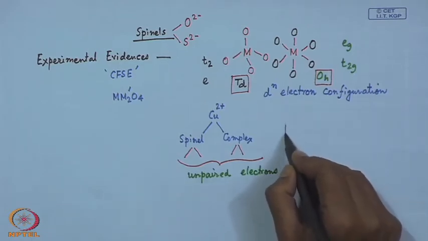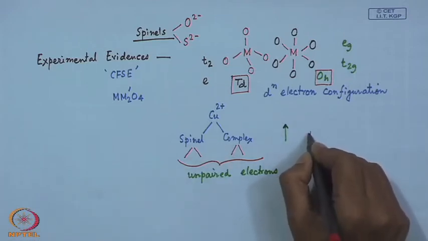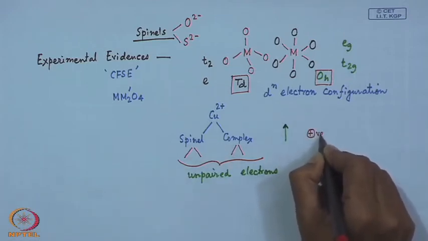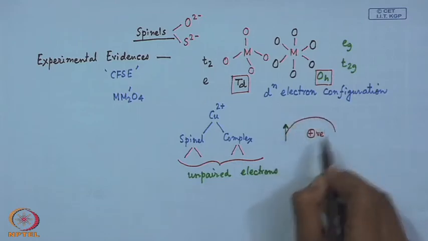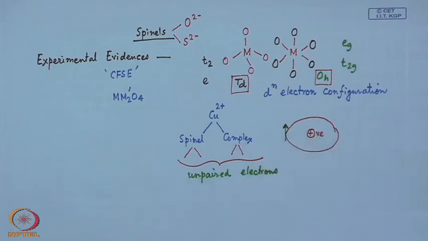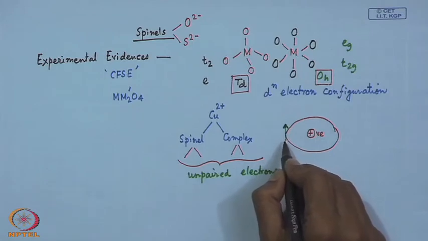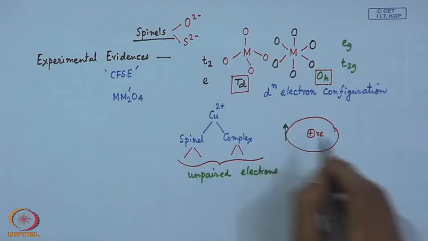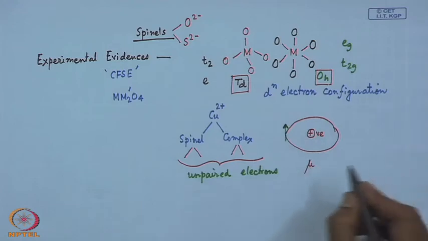If we have an unpaired electron, it can rotate around the positively charged nucleus, and due to its spin contribution as well as its orbital contribution, it can give rise to the corresponding magnetic moment.